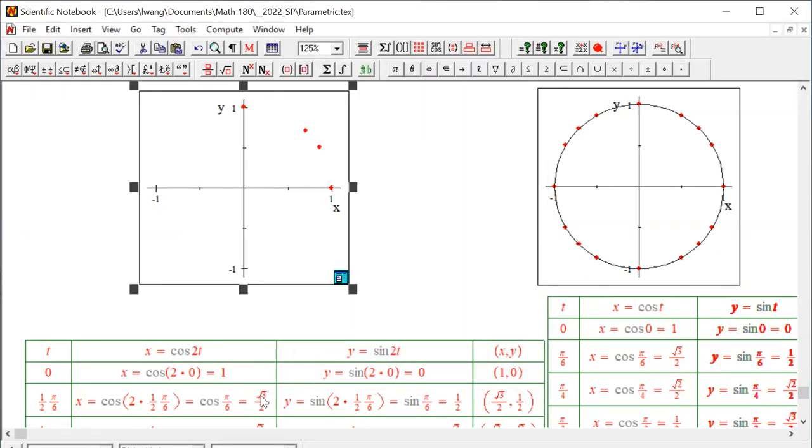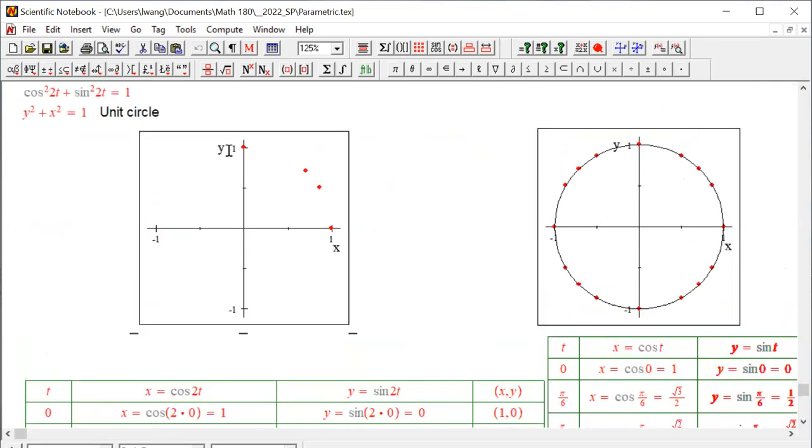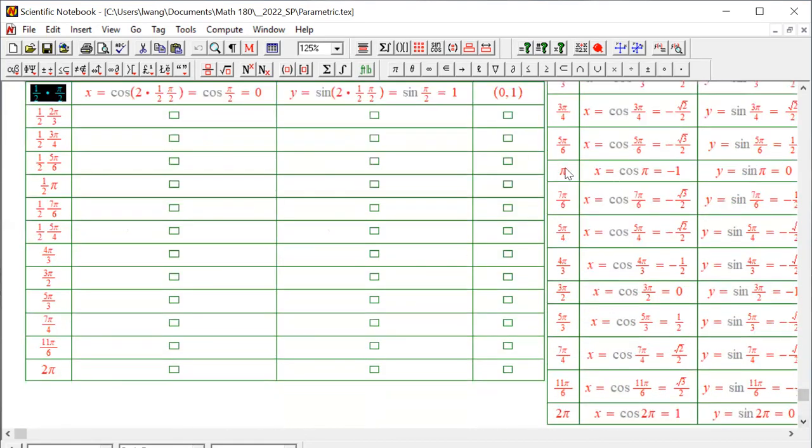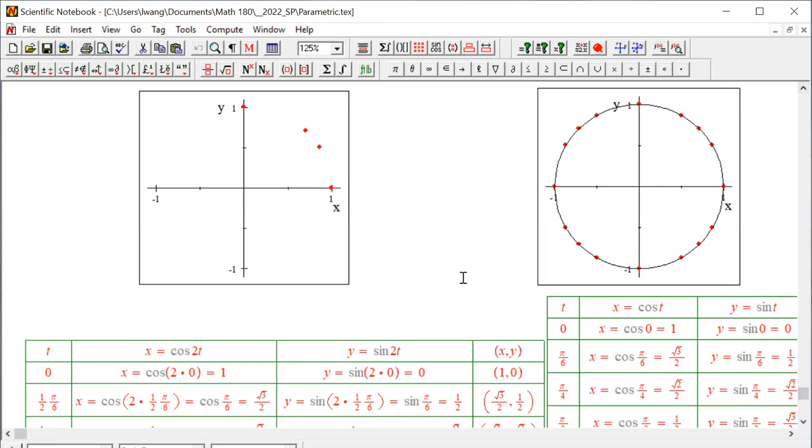You see, it takes the amount of time of pi over 4, half of pi over 2. To reach the point right here, it takes pi over 2, which is over here, to get to the same spot in example number 3. That is the difference.